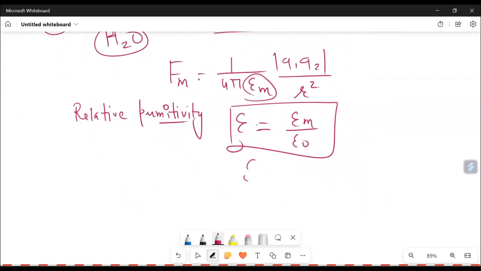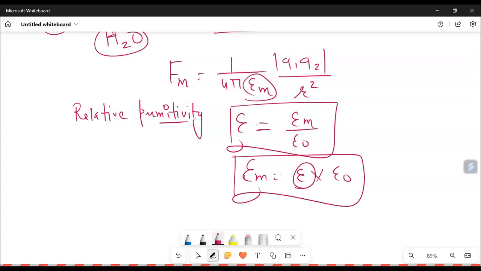So EM can be written as E into epsilon naught. It is a kind of ratio, like refractive index. Suppose for water it is 1.5. For water, E is 1.5. Then EM will become E into epsilon naught.